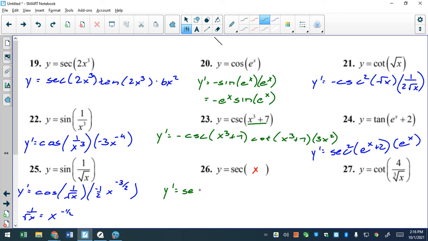So it's secant tangent, and we just leave the inside alone, which was a sine x. Too many trig functions here. Secant sine x, tangent sine x. That took care of the secant part. Now we look at the inside, and the derivative of sine x is cosine x. That's a dumb looking one.